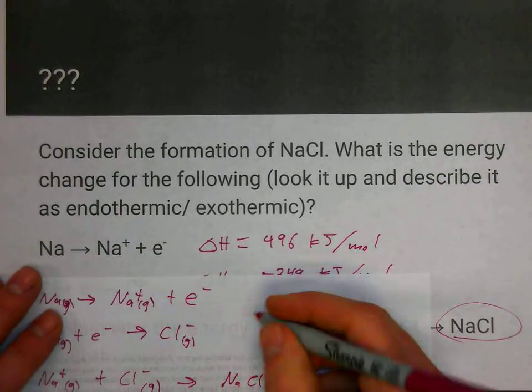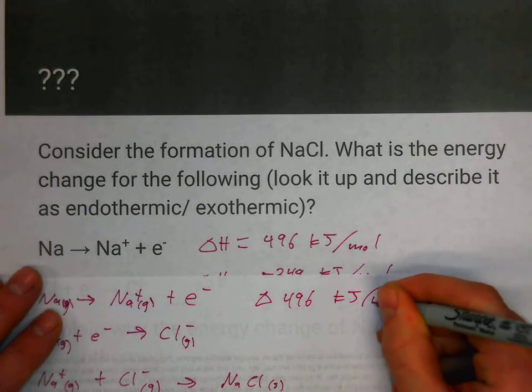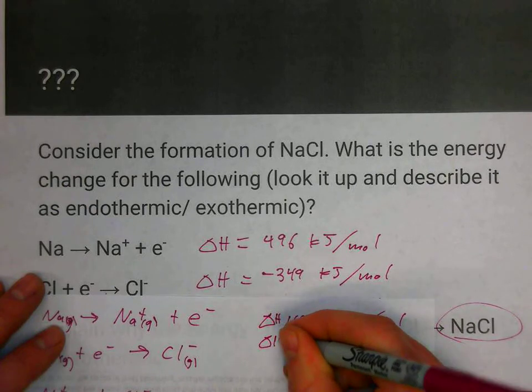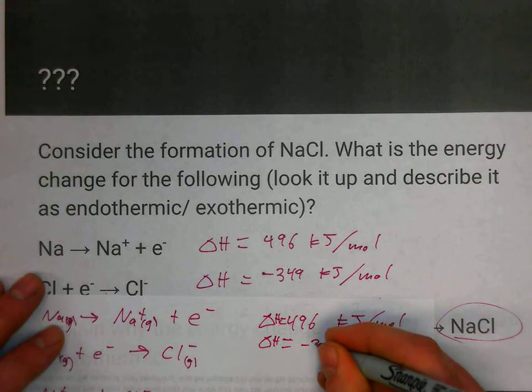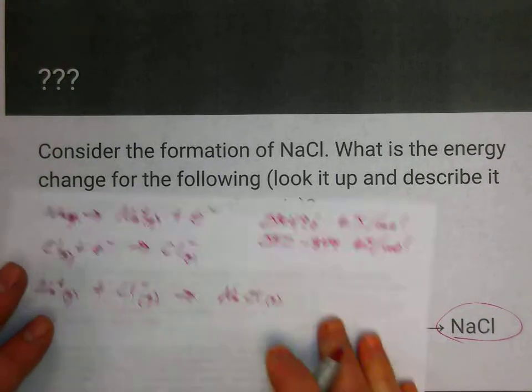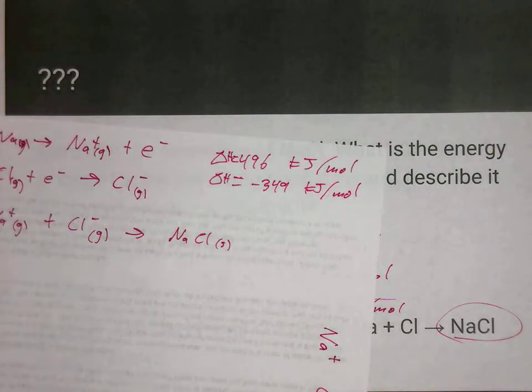So here's our enthalpy, 496 kilojoules per mole. And then we have negative 349 kilojoules per mole. And this value, we could look that one up.